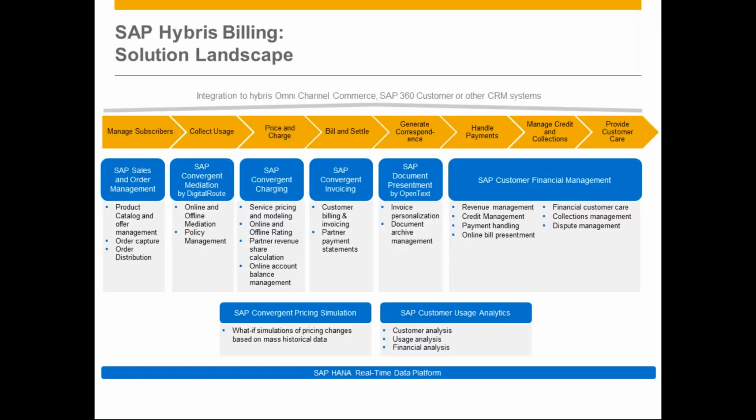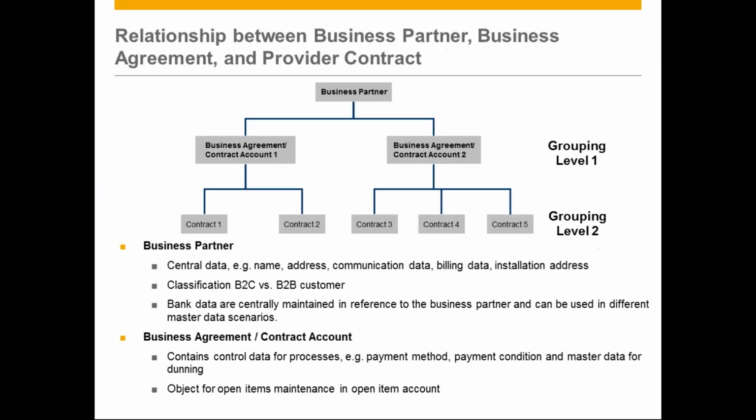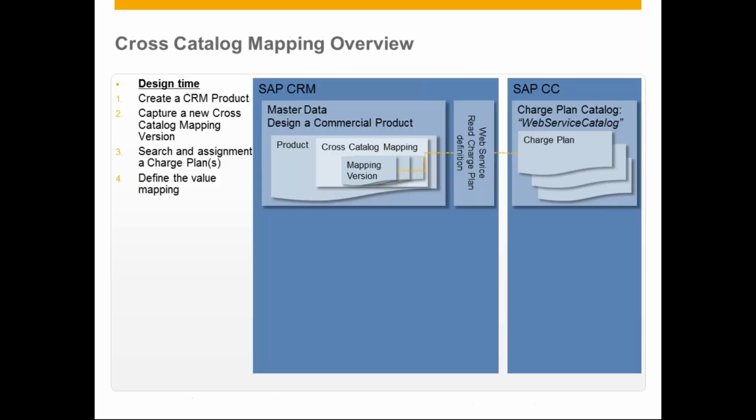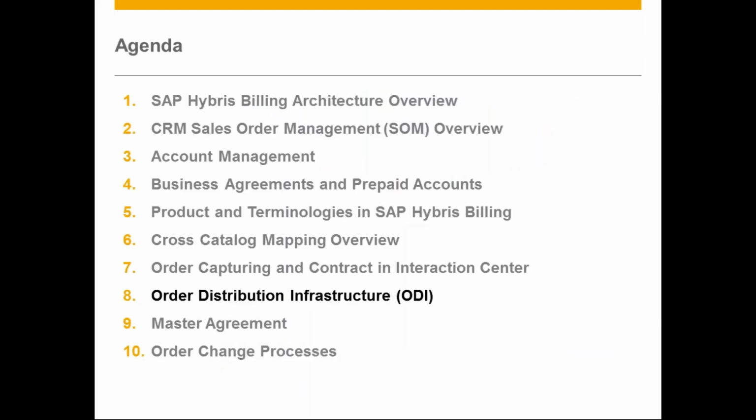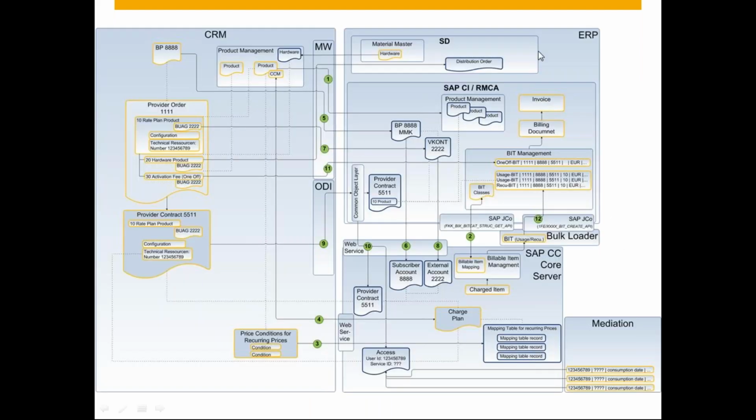Here, if we see, we have three systems: CRM, ERP or ECC, SAP Convergent Charging, and SAP Convergent Mediation System. In the CRM system, the customer's data is there. BP 8888 is there, right? That means business partner 8888.